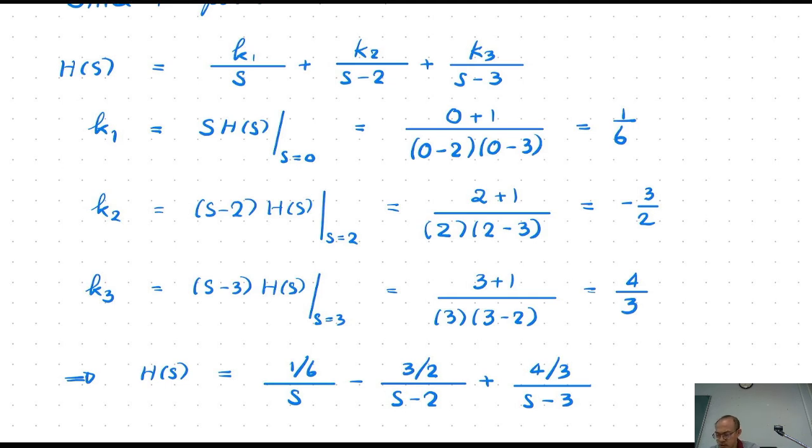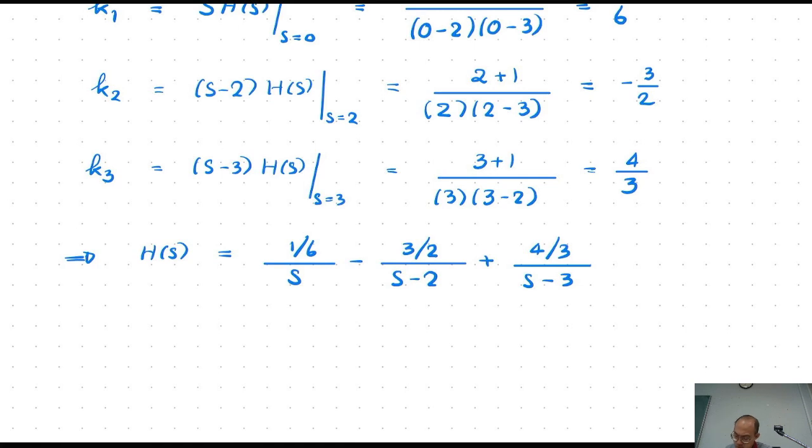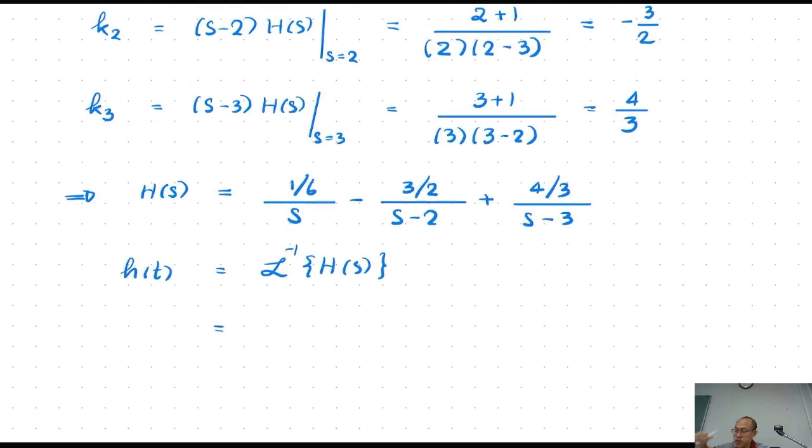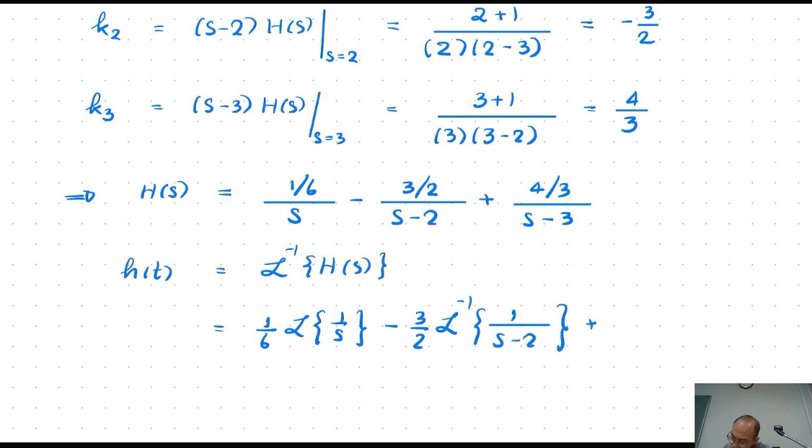Now, we can do the inverse Laplace transform, which is h(t), the inverse Laplace transform of H(S). It is equal to the inverse Laplace transform of each term added together. So 1/6 inverse Laplace transform of 1 over S, minus 3/2 inverse Laplace transform of 1 over S minus 2, plus 4/3 inverse Laplace transform of 1 over S minus 3.